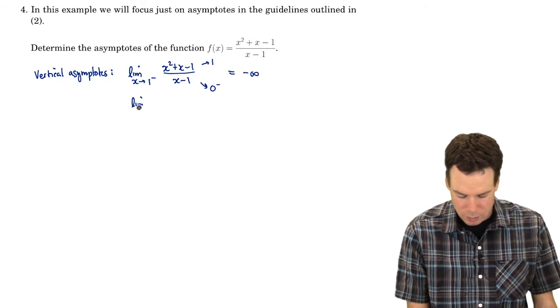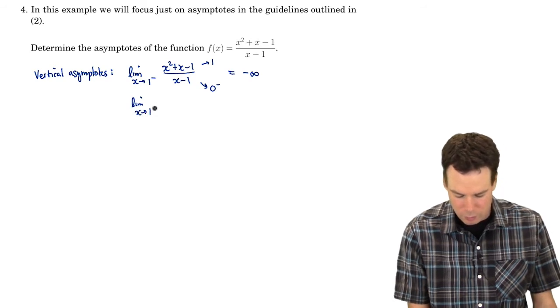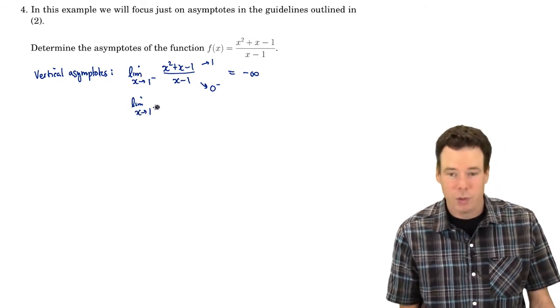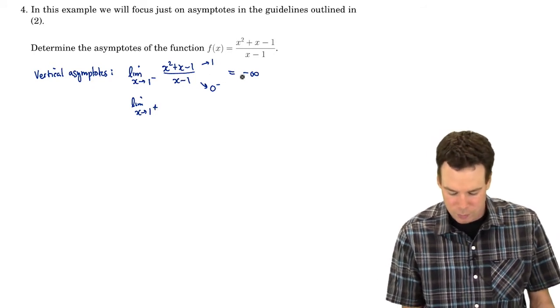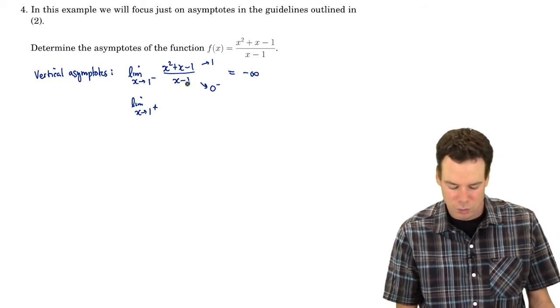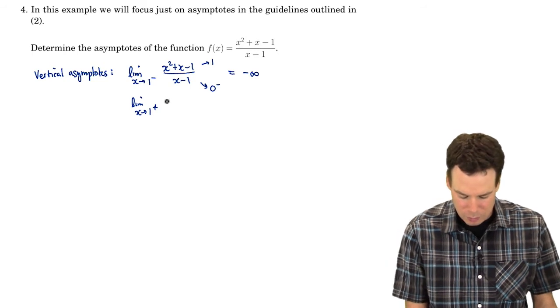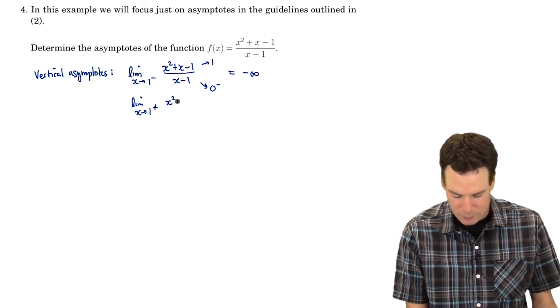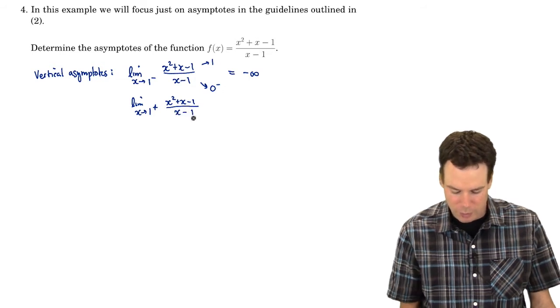What about as you head towards 1 from the right? Notice at this point, we already know there's an asymptote there, because it heads off to negative infinity as you go towards it from the left. But we can also see what happens as you head towards 1 from the right.